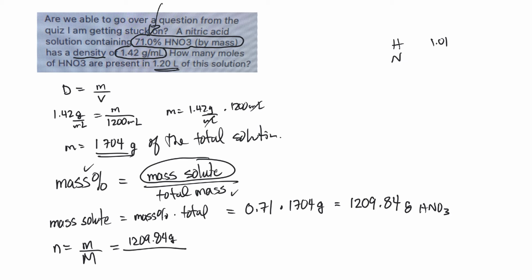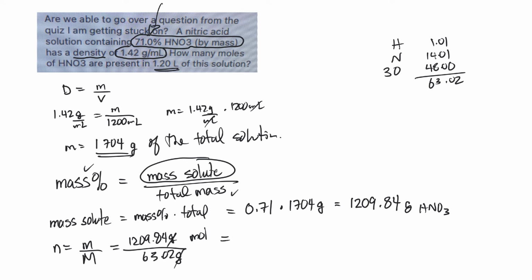Nitrogen, there's just one, 14.01. And oxygen is 3 of them at 16 each, would give you 48. That's 63.02. So I'll divide this by 63.02 grams per mole.